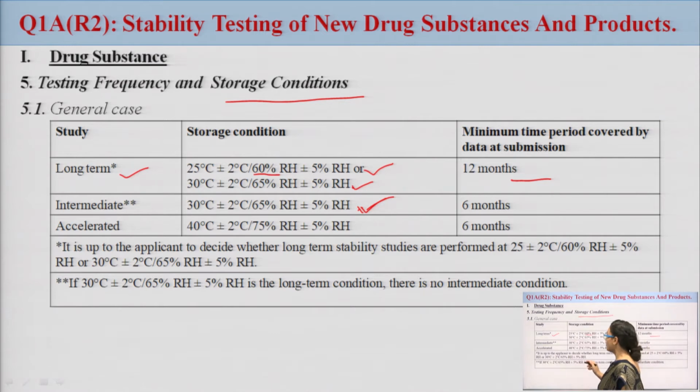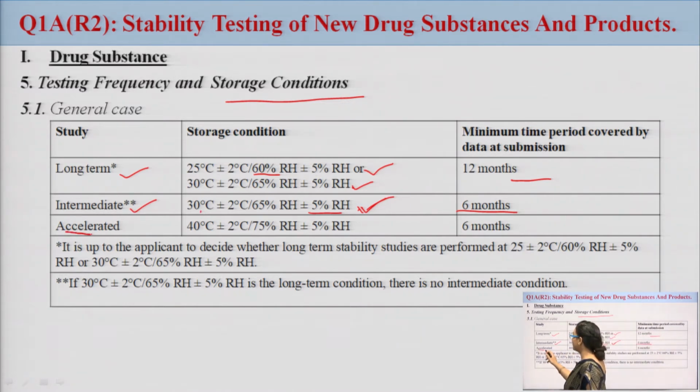So for intermediate stability testing we will select the temperature 30 degrees Celsius, again here 2 degrees Celsius variation is allowed, and 65% relative humidity, again 5% variation is allowed. This study is generally conducted for 6 months.